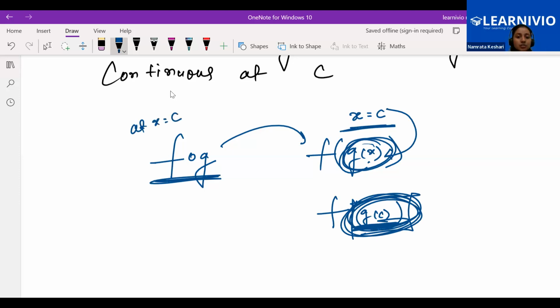Is it making sense to you? Yes, ma'am. So we are not saying that f is continuous at c, g is continuous at c, and hence f of g will be continuous.